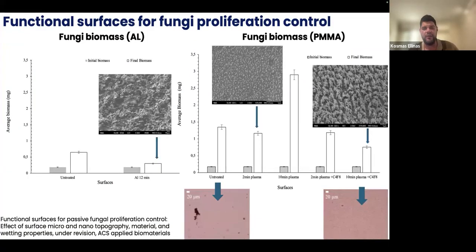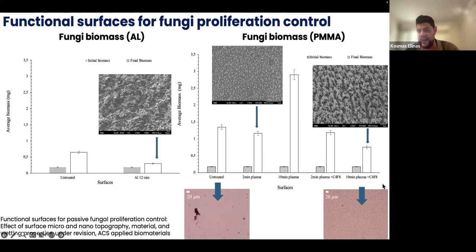Nowadays, we are also working on this application to change the pathogen and check again about the antipathogen behavior. In this case, we used two types of surfaces: one commonly used metal surface, which is aluminum, and the commonly used polymer surface, which is PMMA.